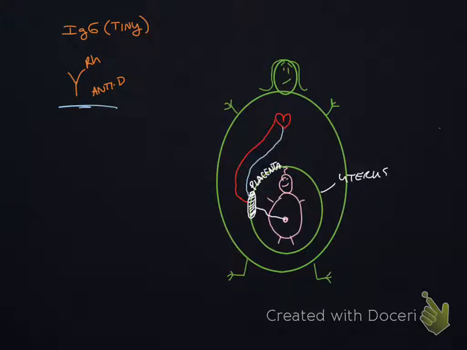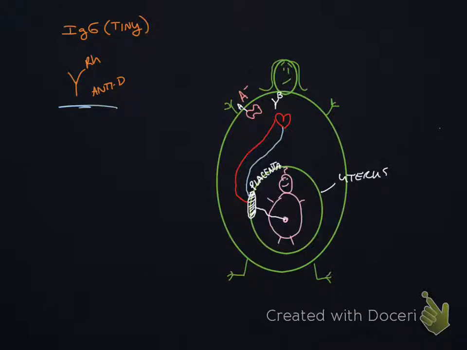Okay, so let's take a look at mom's blood type. Let's say she is A negative. What does she have? She has an A antigen, right? Does she have any Rh antigens? No. So what antibodies does she have? Right, a B antibody.